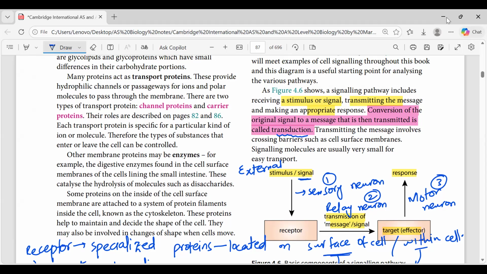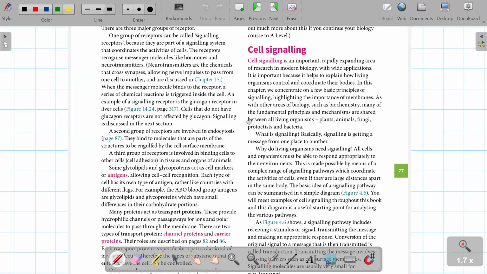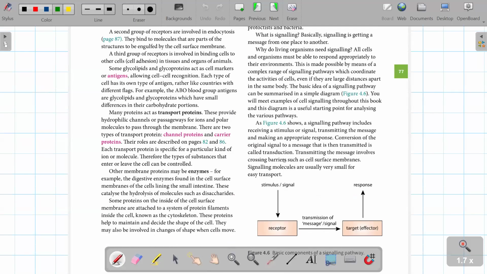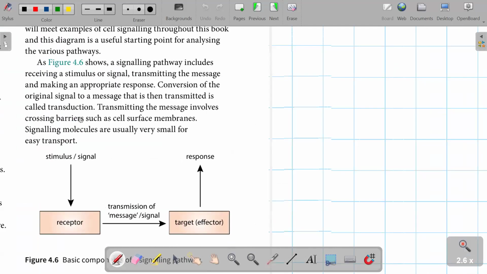Is this visible? I can zoom in. Yes, I can see your screen.